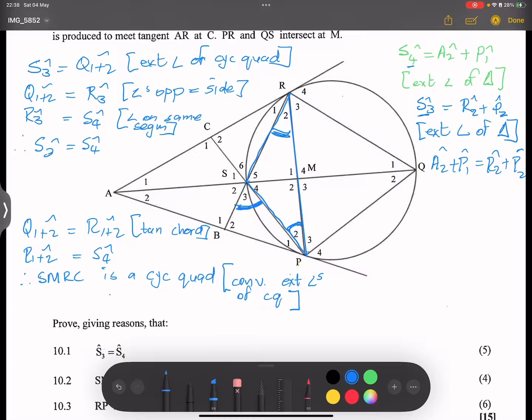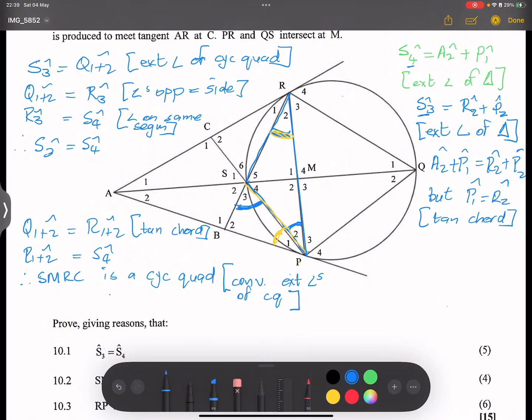Now, ladies and gents, I want you to also note, what do we have? P1 is equal to R2 because of the tan-chord theorem, right? But P1 is equal to R2, and that is because of the tan-chord theorem.